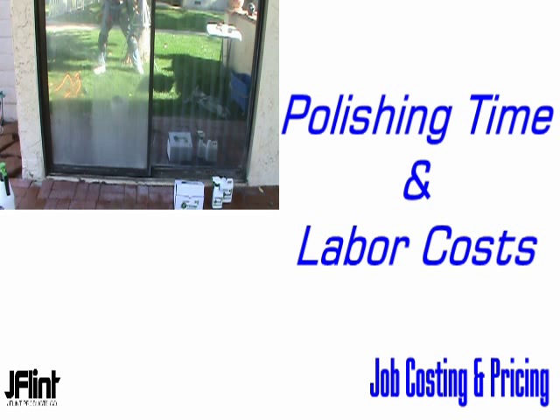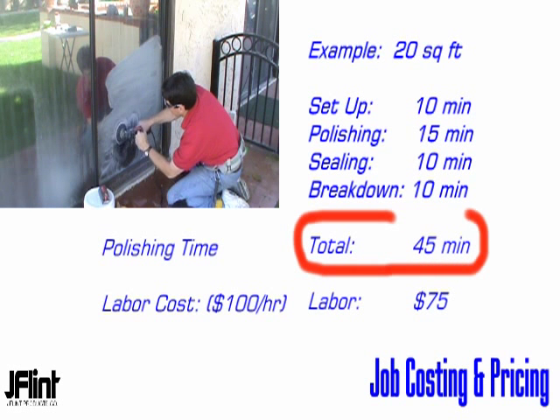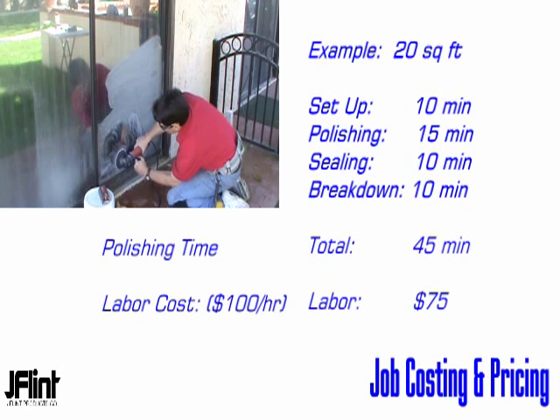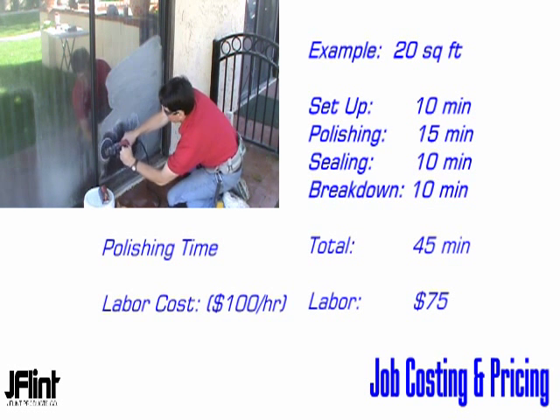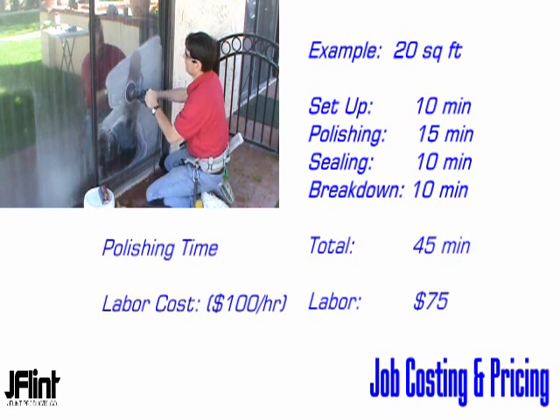The polishing time for that particular slider was approximately 45 minutes. As you can see in the video, the polishing itself went rather quickly, and so did the setup time and breakdown time. Because my truck was parked nearby, I knew exactly what tools I needed, and I had the advantage of being at that home before.